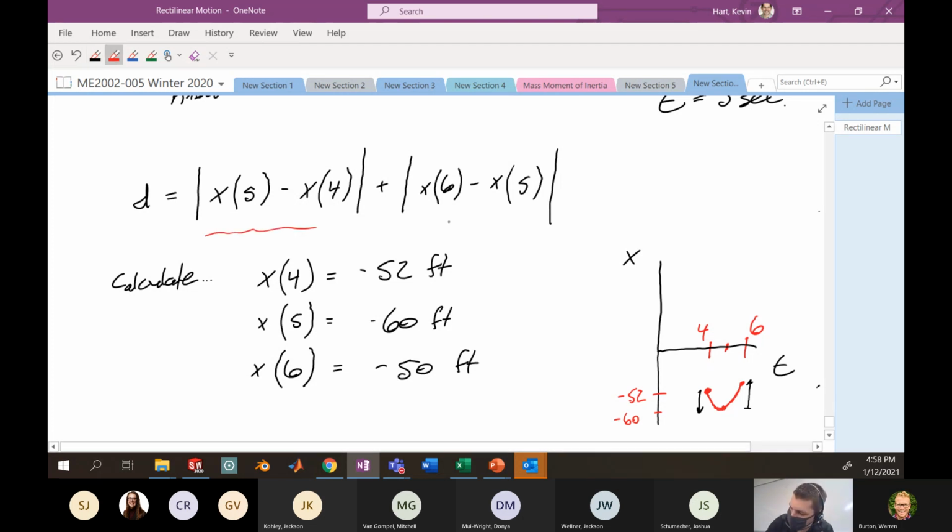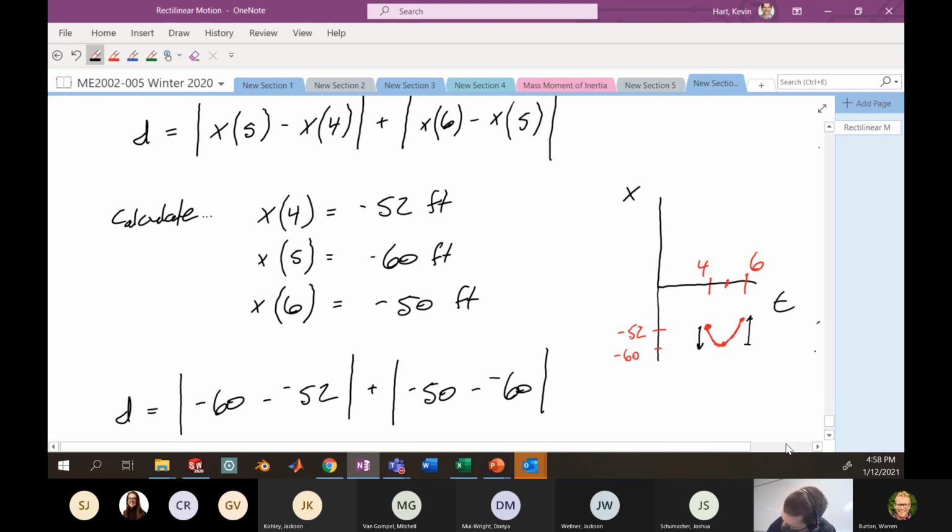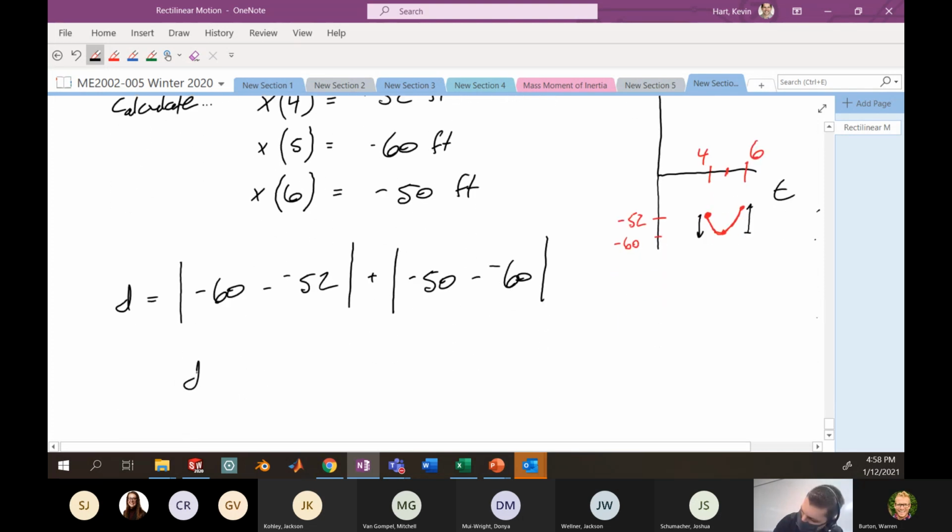And this is the mathematical expression that's going to capture that concept. So here's your answer. There's a total travel distance of 18 feet in that window.